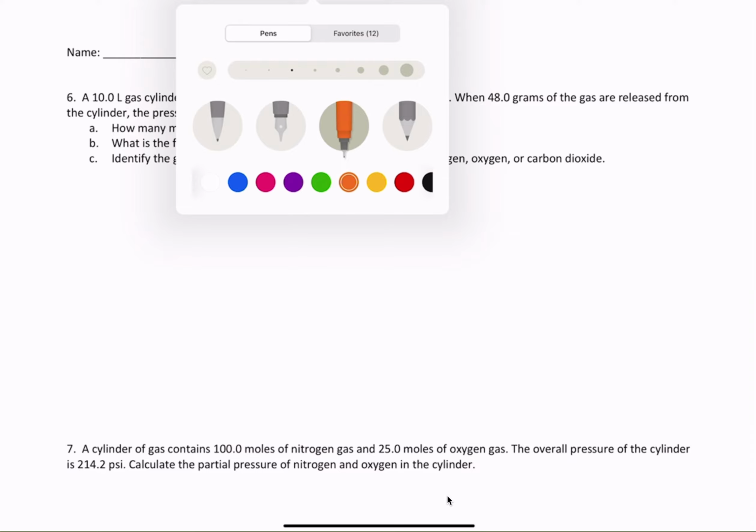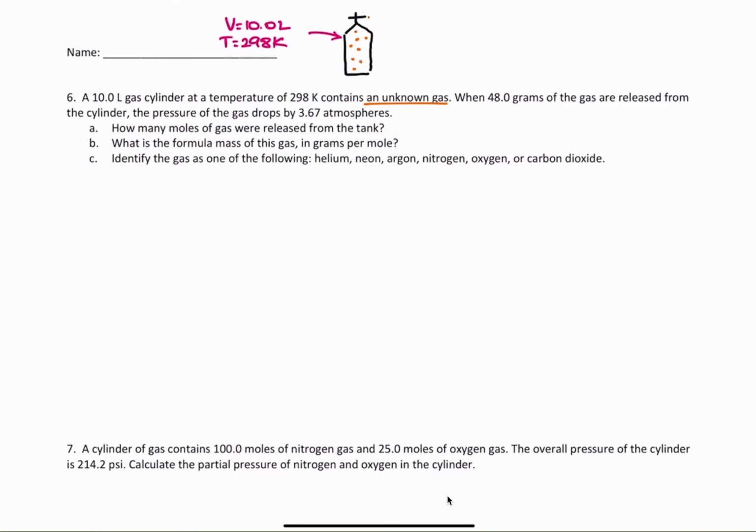So what happened is 48.0 grams of this gas are released from the cylinder, and when the 48.0 grams of gas are released, we have a pressure loss of 3.67 atmospheres, which means that these 48 grams represent that pressure.